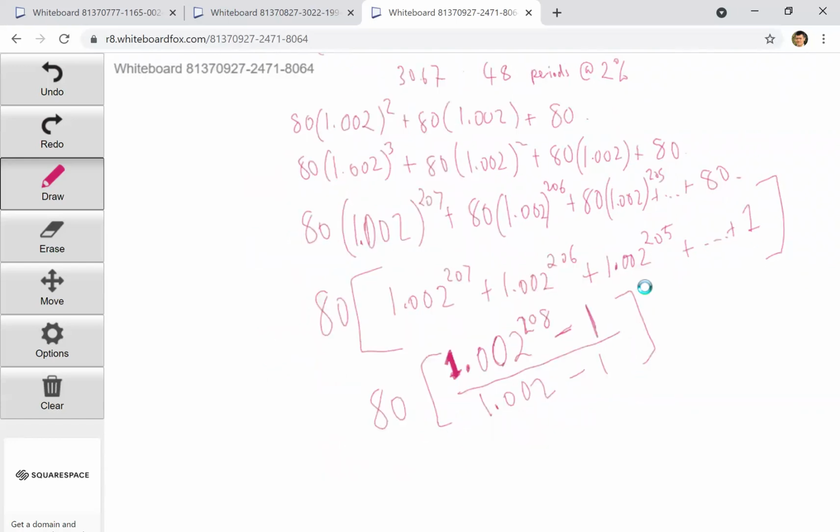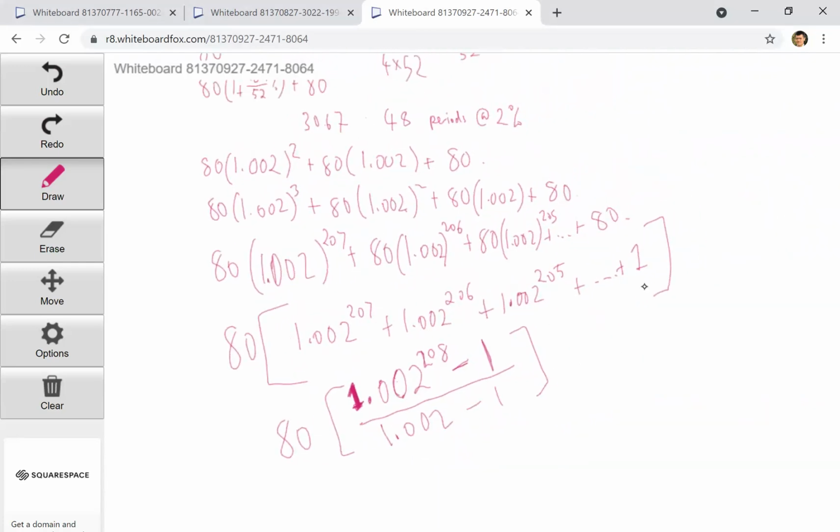This is a geometric series, and this is its sum. So I think this is in the advanced course.